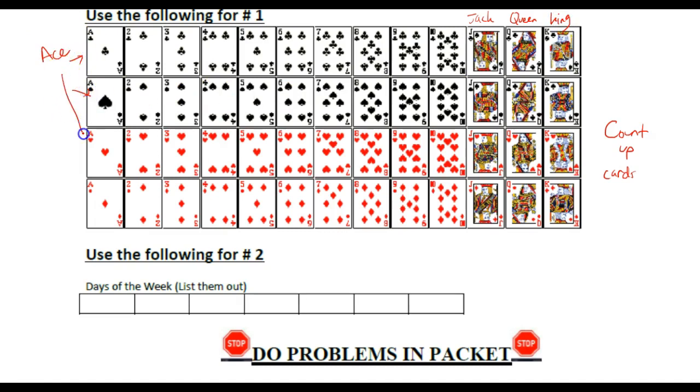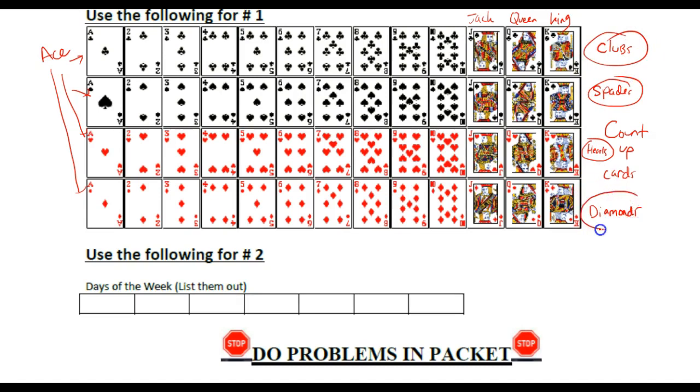The rest are just number cards, like 2, 3, all the way up to 10. They're composed of suits called clubs, spades, hearts, that's an easy one, and last but not least, diamonds. Keep that as a point of reference in case you see any card problems.